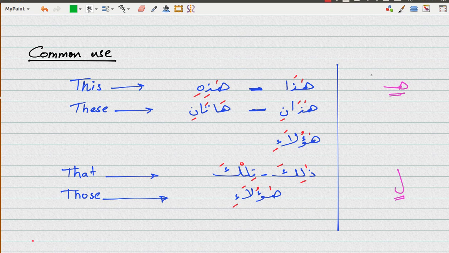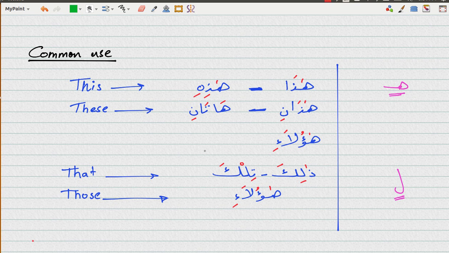So if someone is talking, instead of just saying the pronoun, he would say هذا. So the ha in the beginning is to draw the attention of a person before pointing at something. Okay, this is the purpose, but you don't really need to memorize that. You just memorize these words: هذا, هذه, هذان, هاتان, هؤلاء.